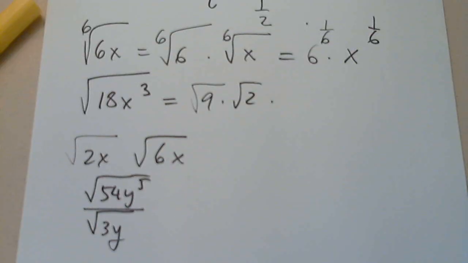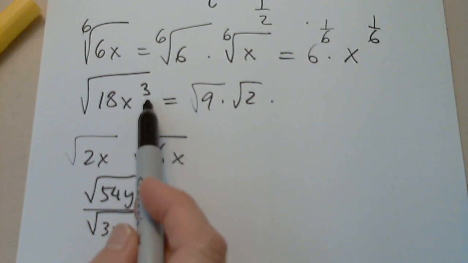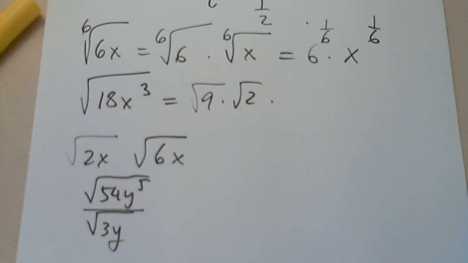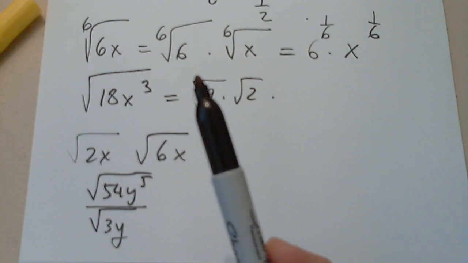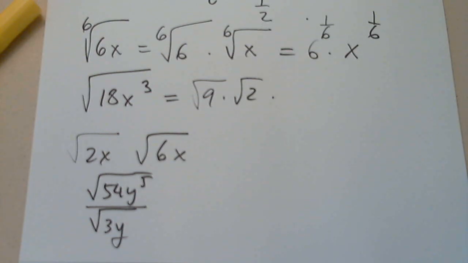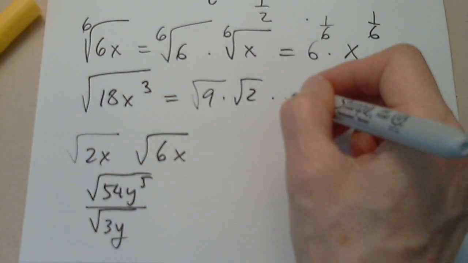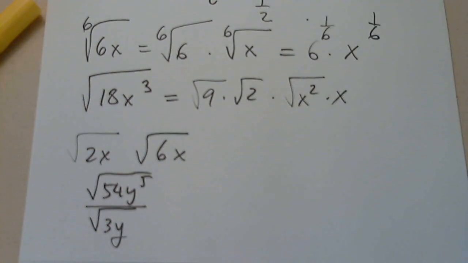Excellent. Now, how do I split x cubed? Because 3 over 2 is not an integer. Perfect. Remember how we do it. 3 divided by 2 is not an integer. We go back 1. And that is an integer. So x squared times x.